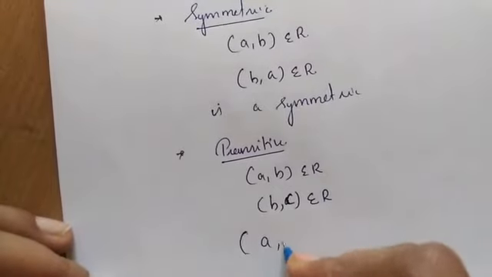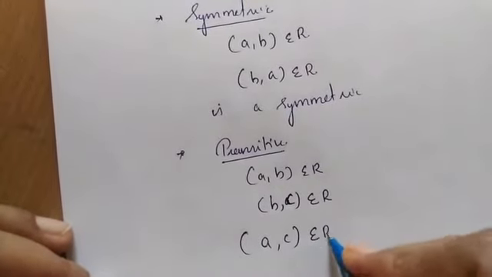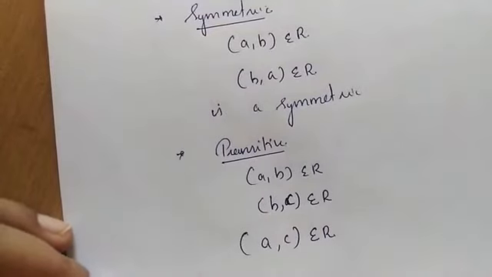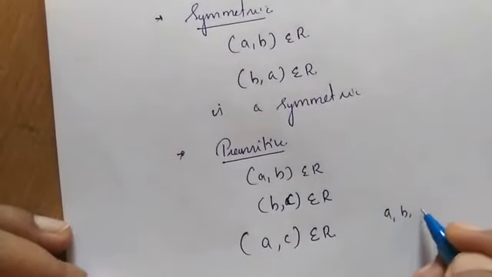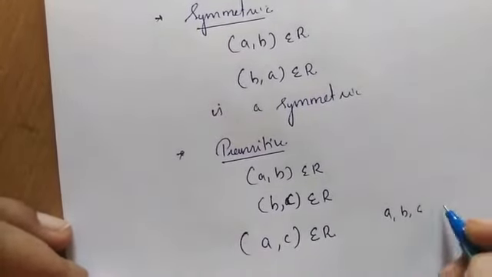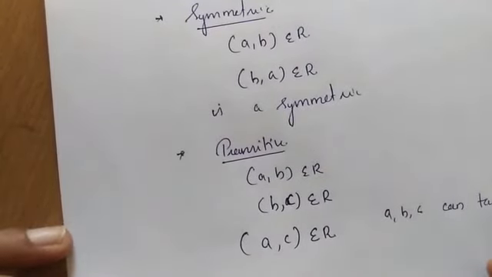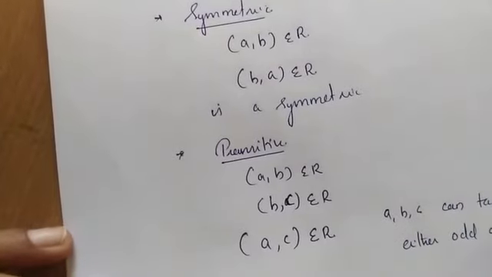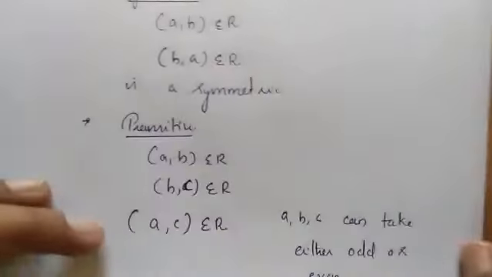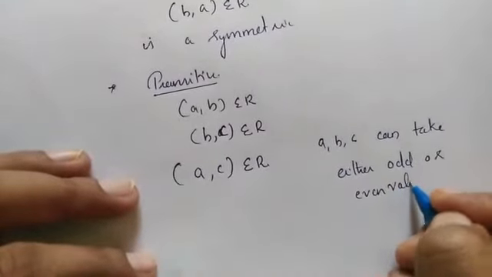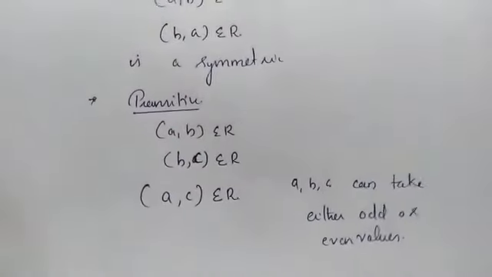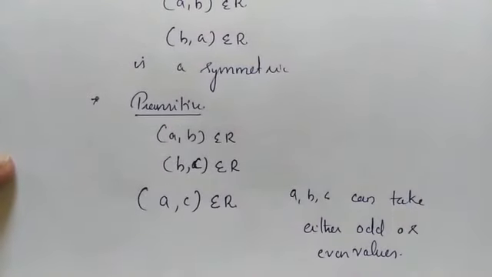So we can say that a comma c is an element of R, because a, b, c can take either odd or even values.